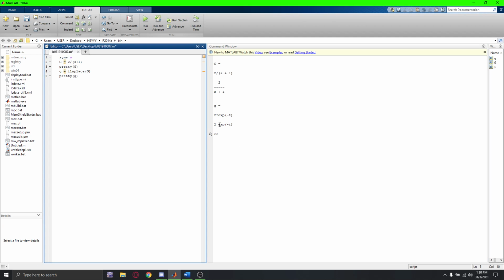So this is the output of the inverse Laplace, which is 2 exponent negative t.